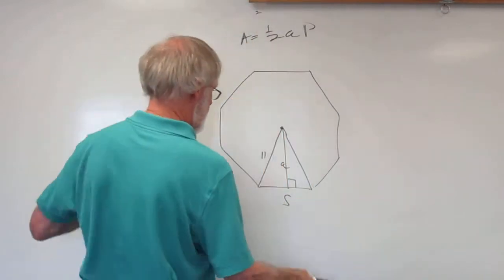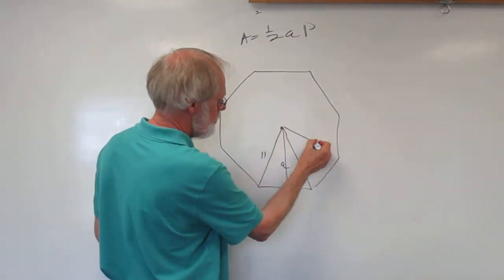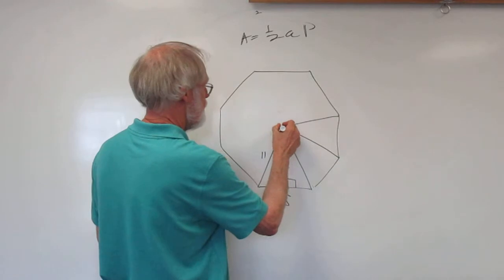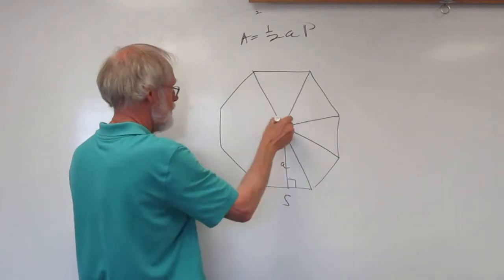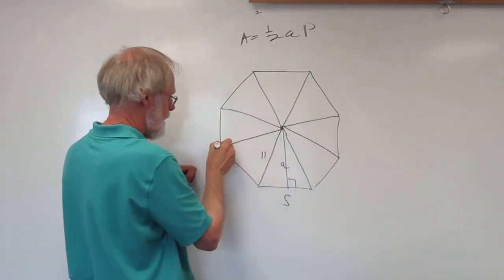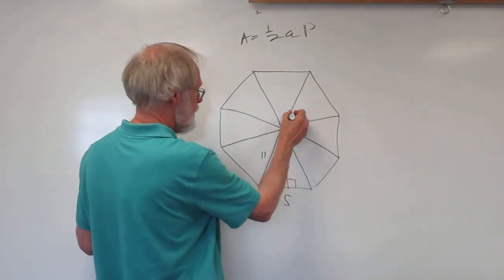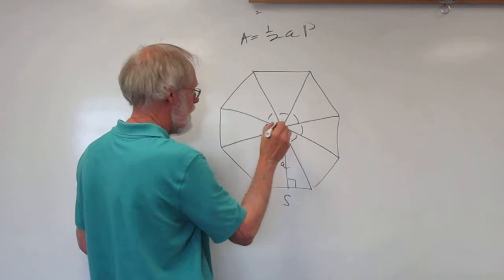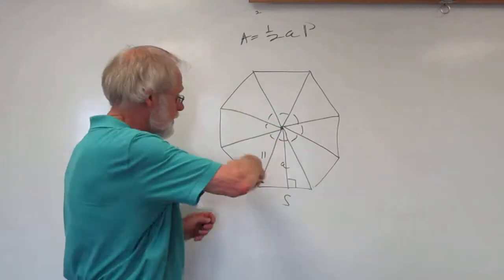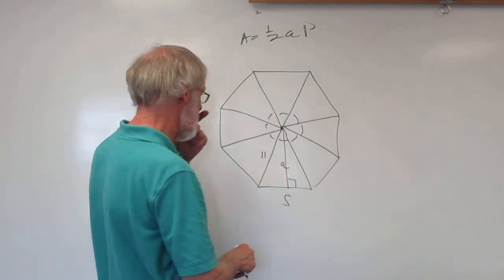I have a number of central angles here. Let me draw them all so you can see them. All right. Now, I have 1, 2, 3, 4, 5, 6, 7, 8. That makes sense because I have 8 sides, so I have 8 central angles.